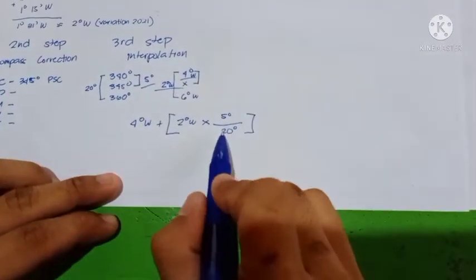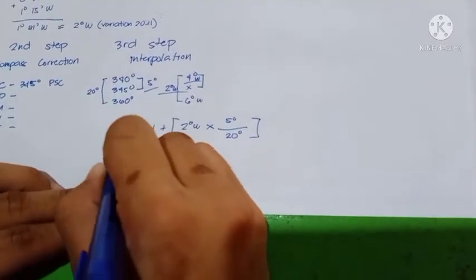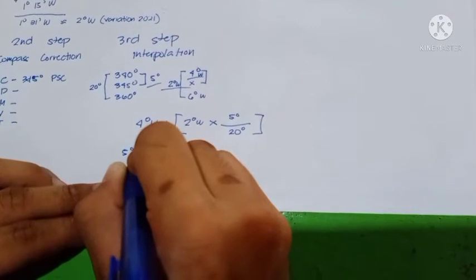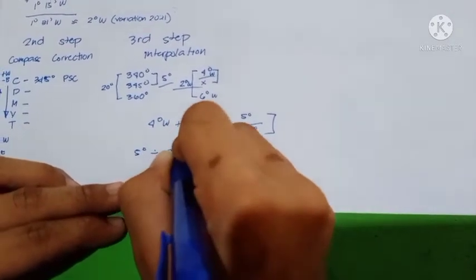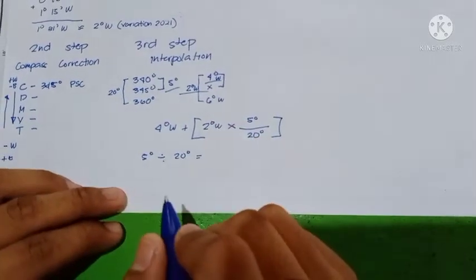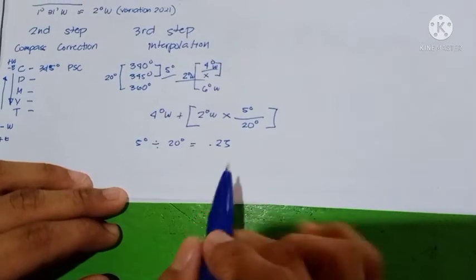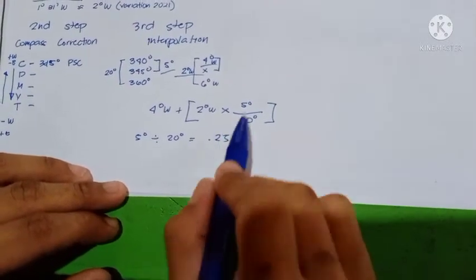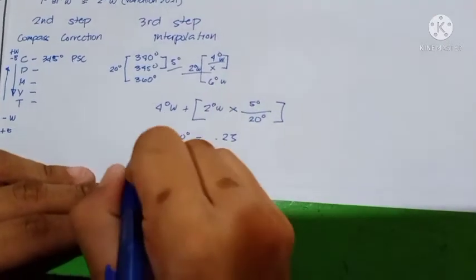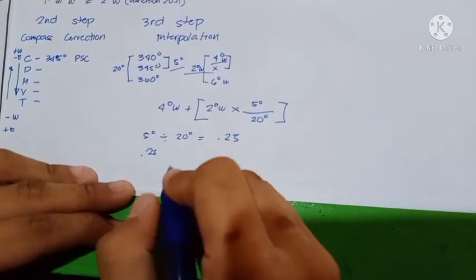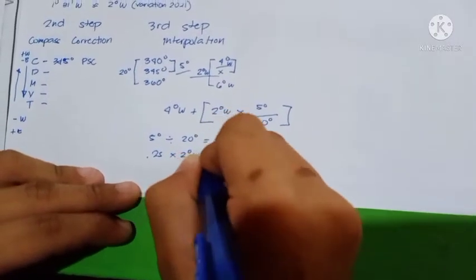The first step is this. 5 degrees divided by 20 degrees is 0.25. Then 0.25 multiplied by the 2 degrees west.